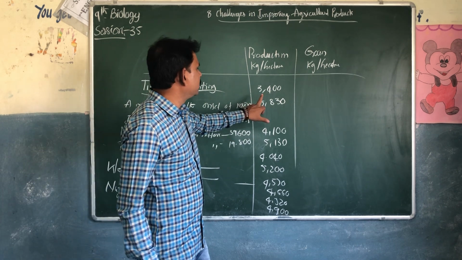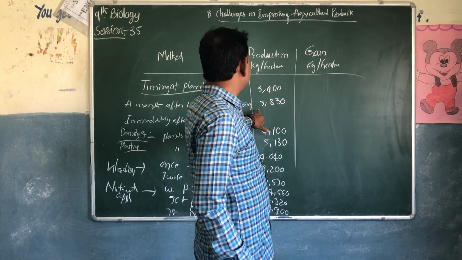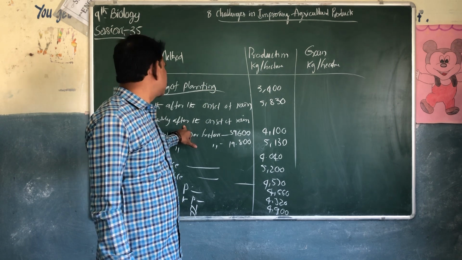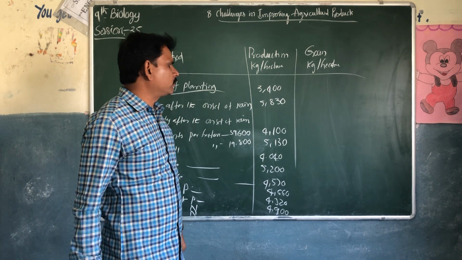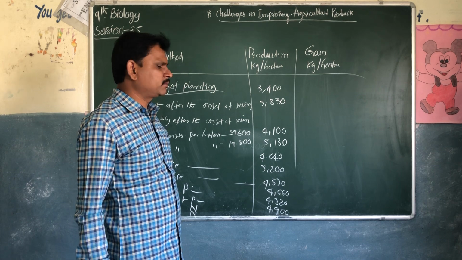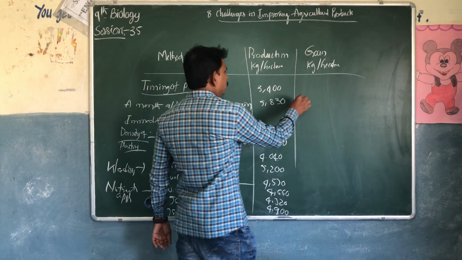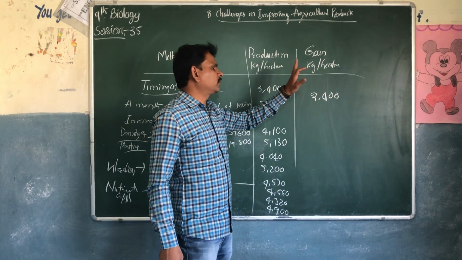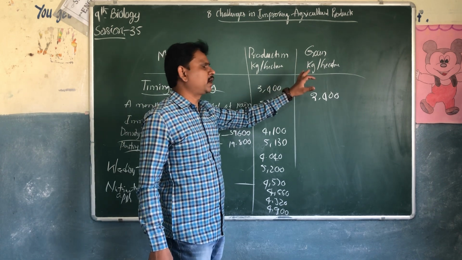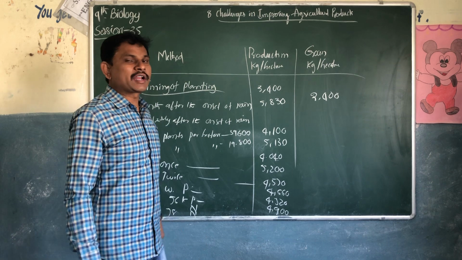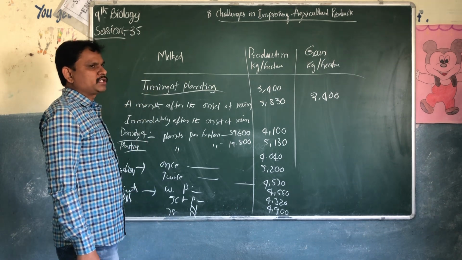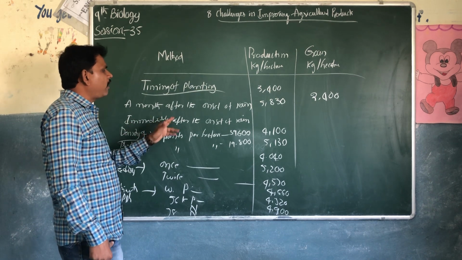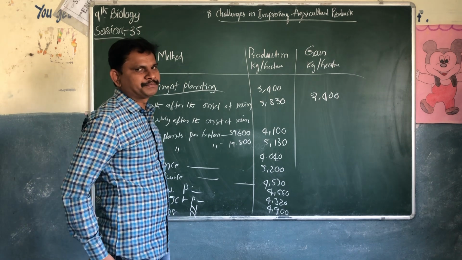Then what is the difference between the farmer who sowed the seed immediately and the one who sowed after 1 month of the onset of the rains? Around 2,400 kg per hectare extra production was gained by the farmer who started sowing immediately after the onset of the rains.